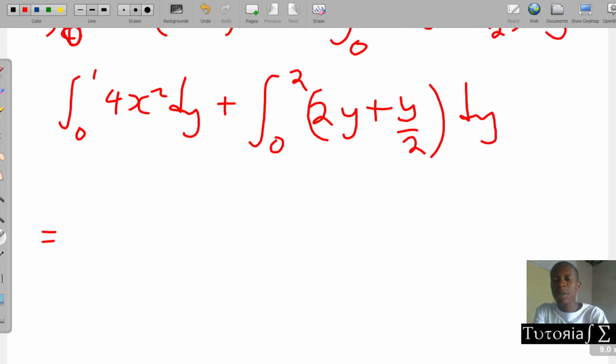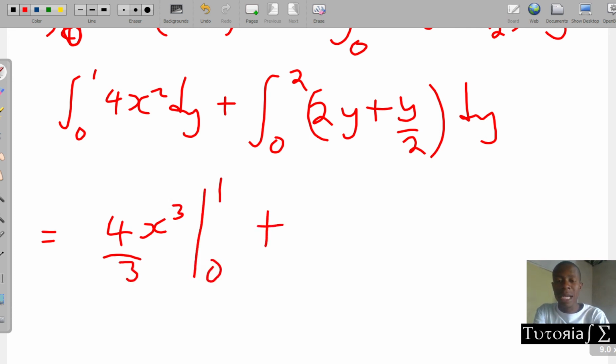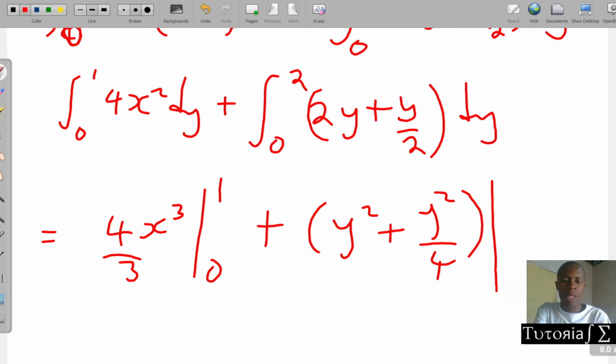Integrating this part gives us 4x to the power 3 over 3, with limits from 0 to 1, plus, integrating this part gives us y squared over 2, and these two will cancel out, so it'll be plus y squared over 4, with limits from 0 to 2.